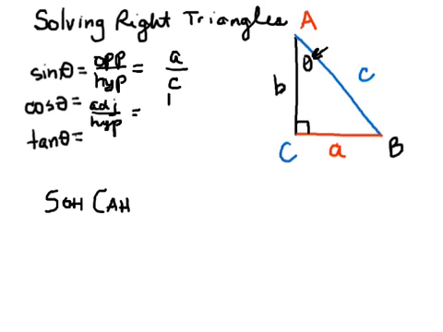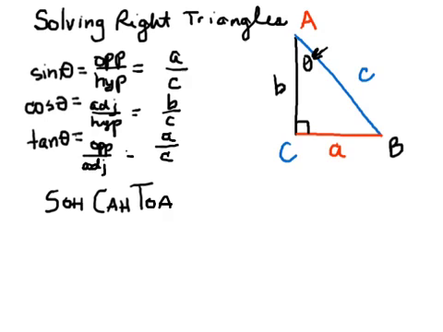And in this case, that will be B over C. And then tangent is opposite over adjacent. That's the TOA, SOHCAHTOA. And let me fix that. Opposite over adjacent. And in that case would be A over C.